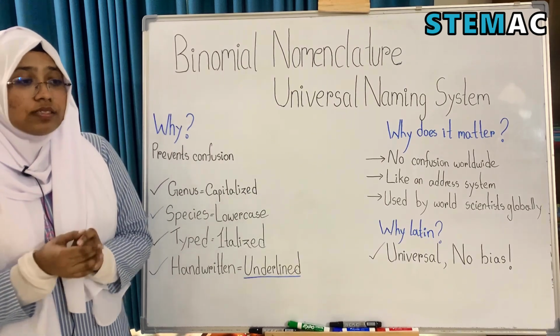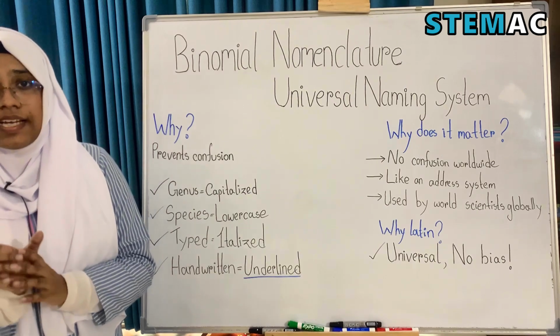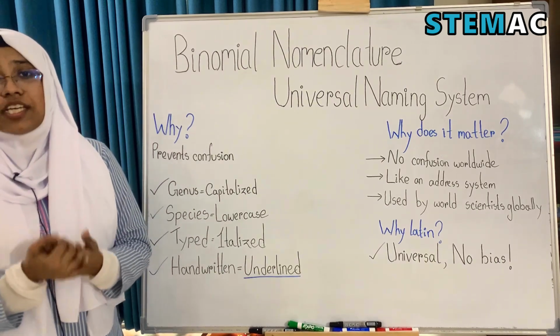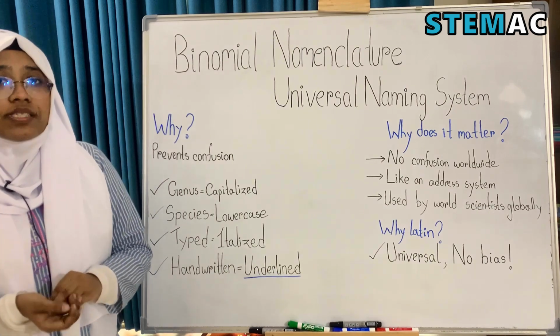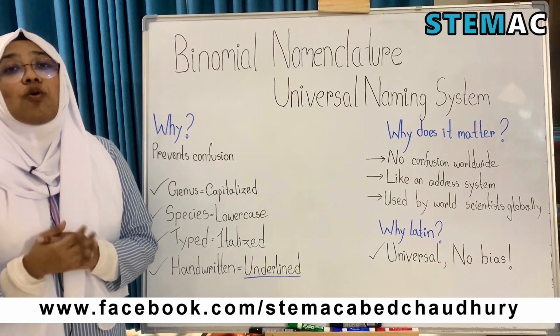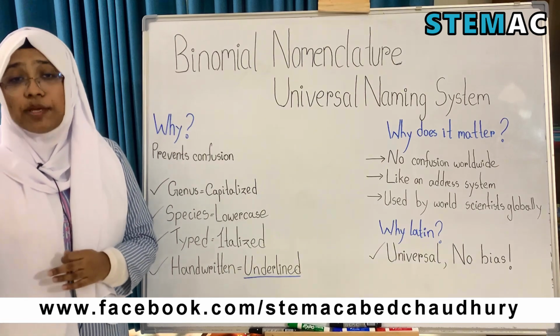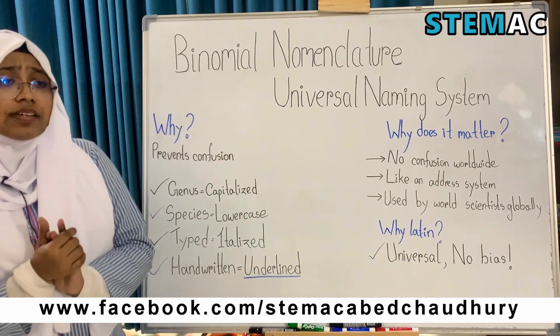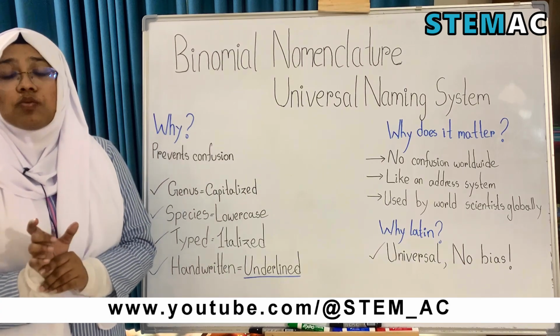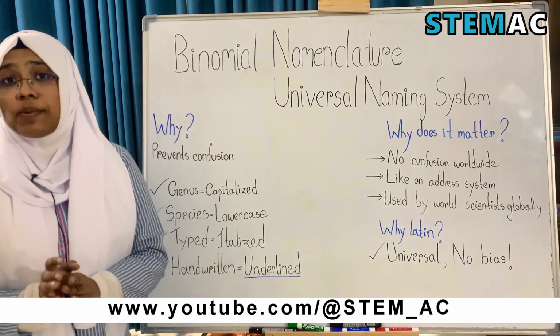On the other hand, the species will specify the exact animal. For example, if we think about Homo sapiens, we humans are Homo sapiens. When we say the word genus Homo, it refers to us humans and also our near neighbors, right? On the other hand, when we specify the word species, we will know exactly which animal we are talking about. We are talking about humans.